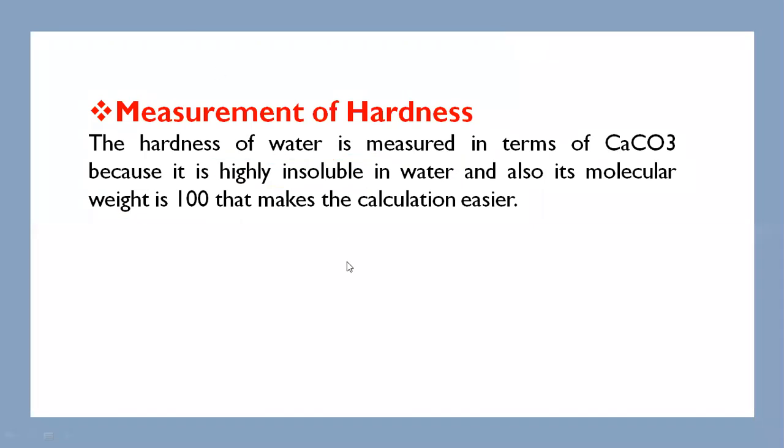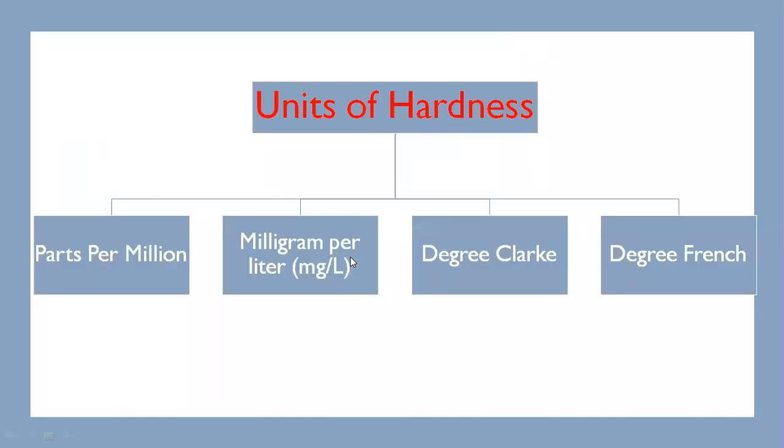Now, units of hardness. In our syllabus we have four types of units of hardness, and we are going to discuss only these four types: parts per million, milligram per liter, degree Clark and degree French.